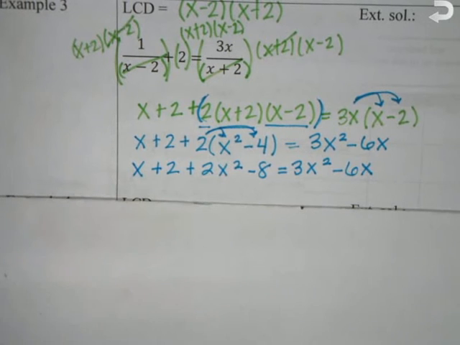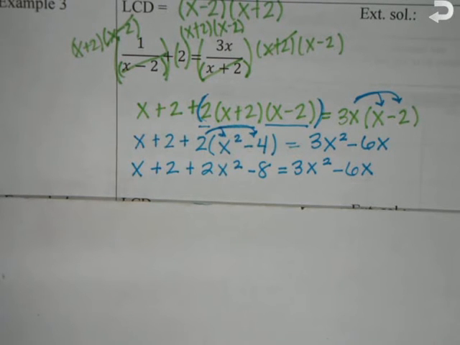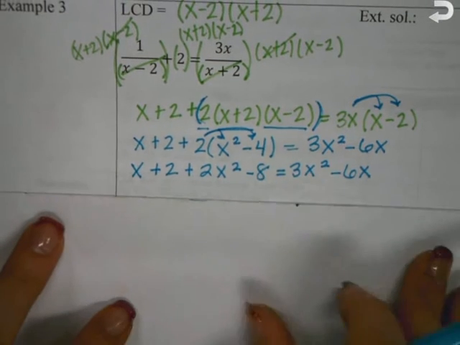Before we start doing anything, let's combine like terms. So 2x squared plus x, and 2 minus 8 gives me negative 6 equals 3x squared minus 6x.